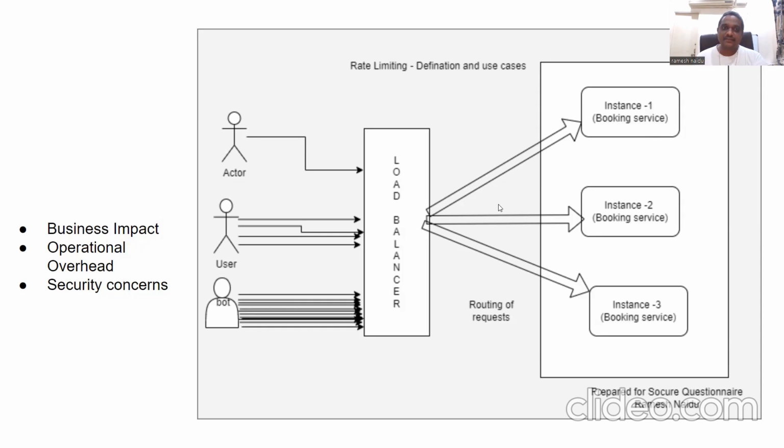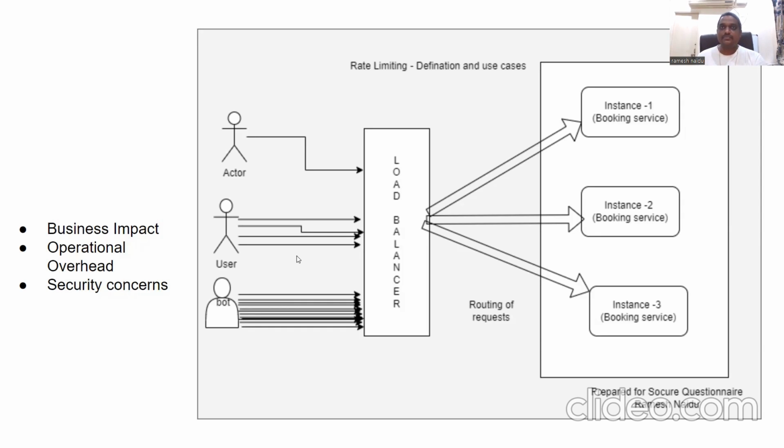What happens is that bots induce a large number of transactions at particular time slots. What we observed is that tickets were really available, but on the Book My Show platform they were not available for a real customer to purchase, because during the 10 minutes in which the seat is blocked till payment happens, these bots and actors were utilizing it and not allowing regular, genuine customers to buy tickets.